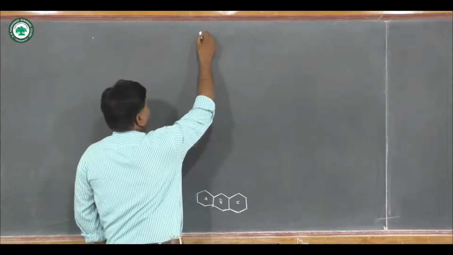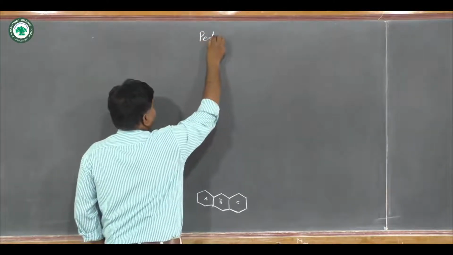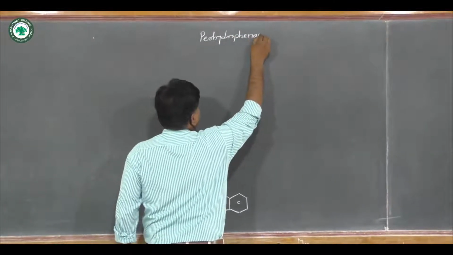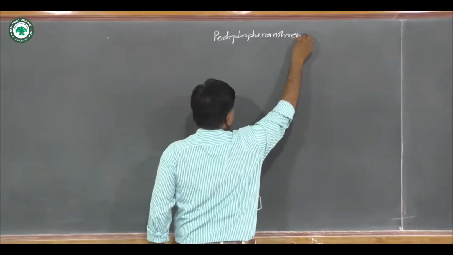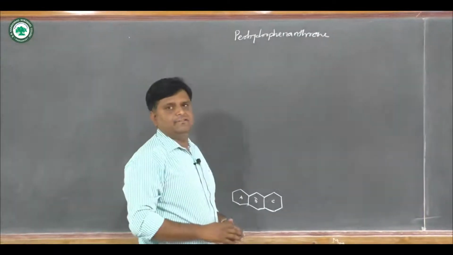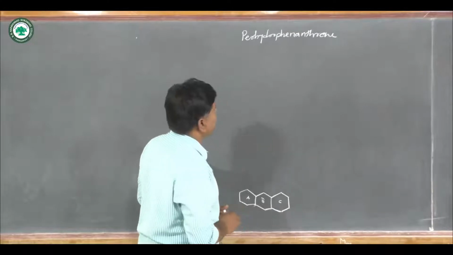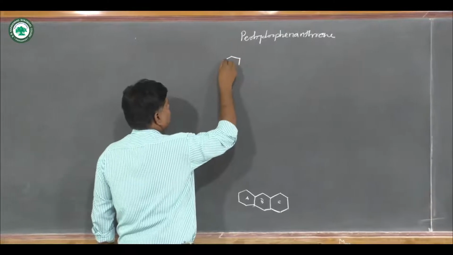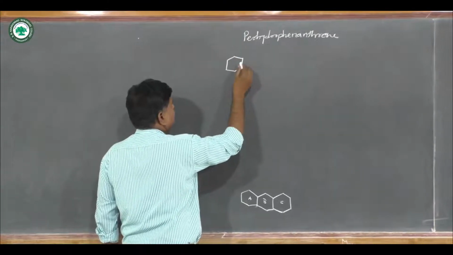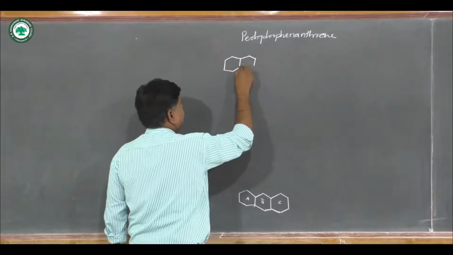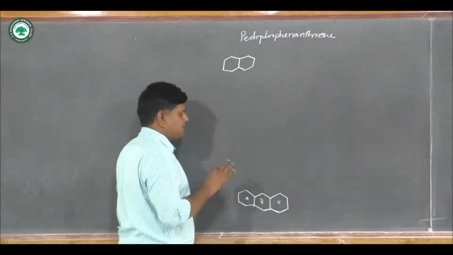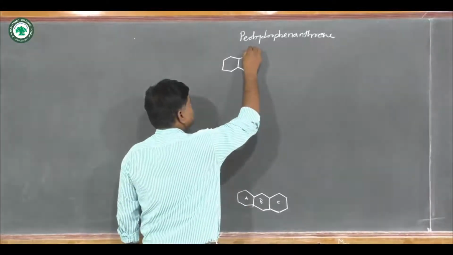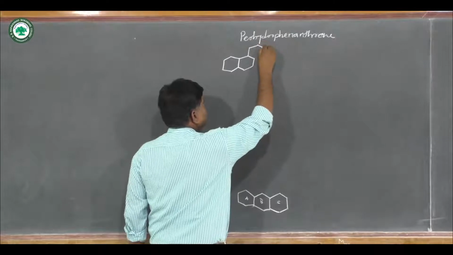So we start with the perhydrophenanthrene. Okay, in perhydrophenanthrene we are supposed to draw here one structure. Suppose these are the A and B which are the same as in perhydrophenanthrene, but C ring is fused with B in this fashion.